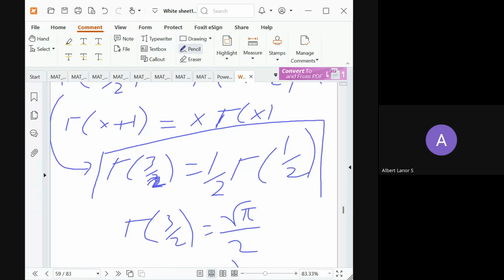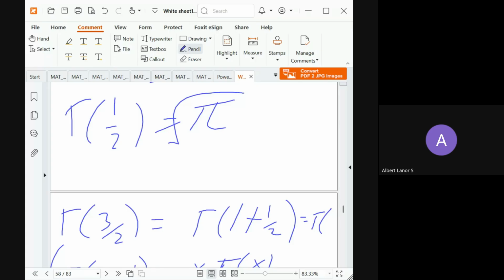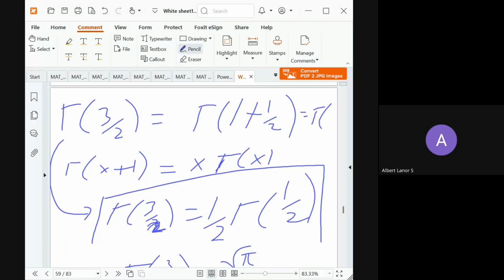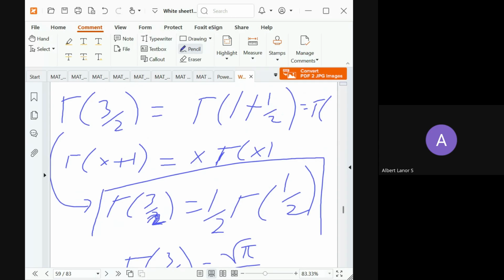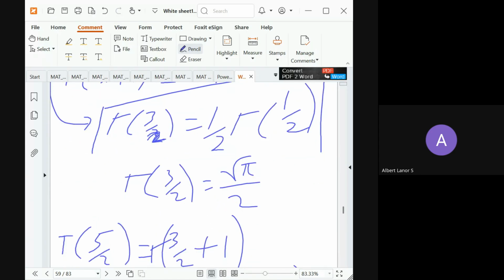The previous one, gamma of half, is root pi. Gamma of 3 over 2 is gamma of 1 plus half. Then the x in this case is half, so you bring the x out and you have half gamma of half. Now, gamma of half is root pi, so you substitute and you have root pi on 2.